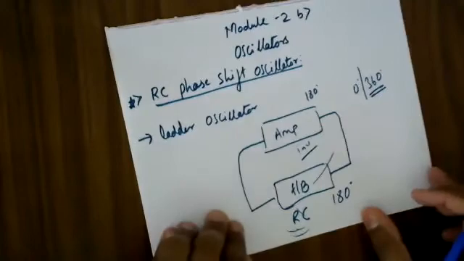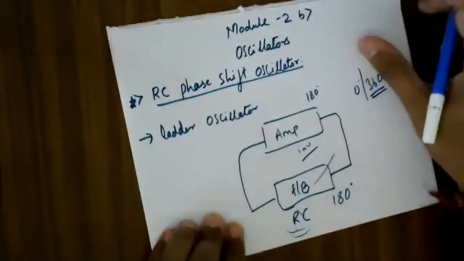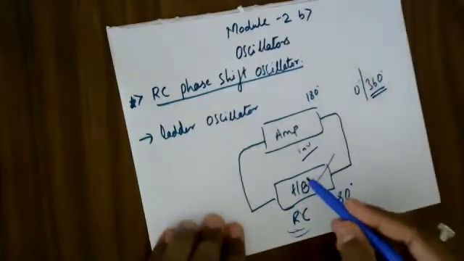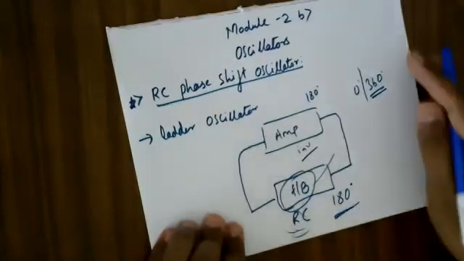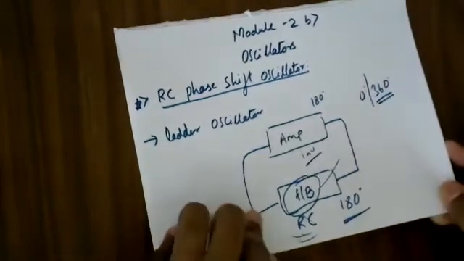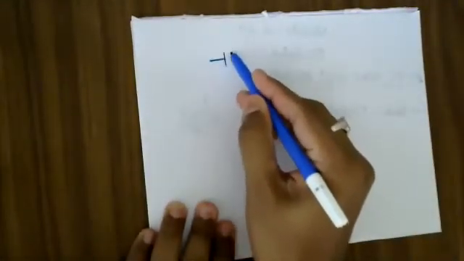Now let us put our efforts into understanding how this feedback circuit is able to produce a phase shift of 180. I'll use a simple RC circuit. Let me say I'll have my component capacitance C over here.